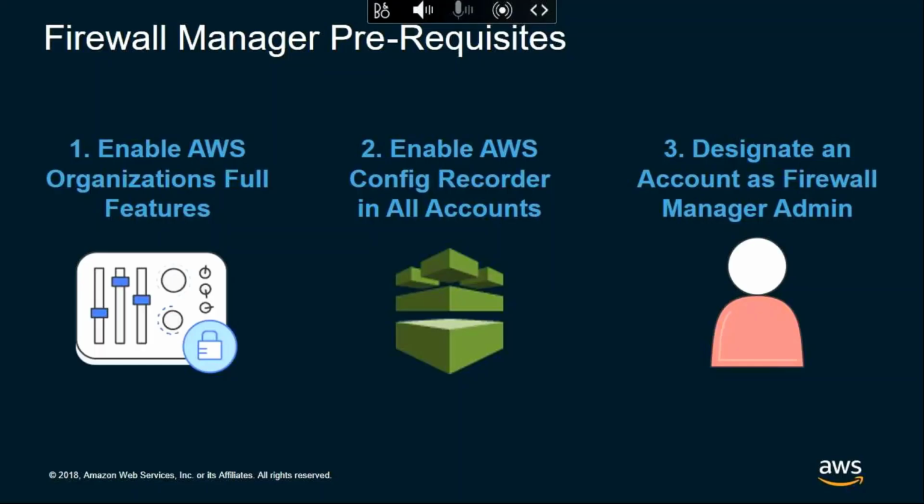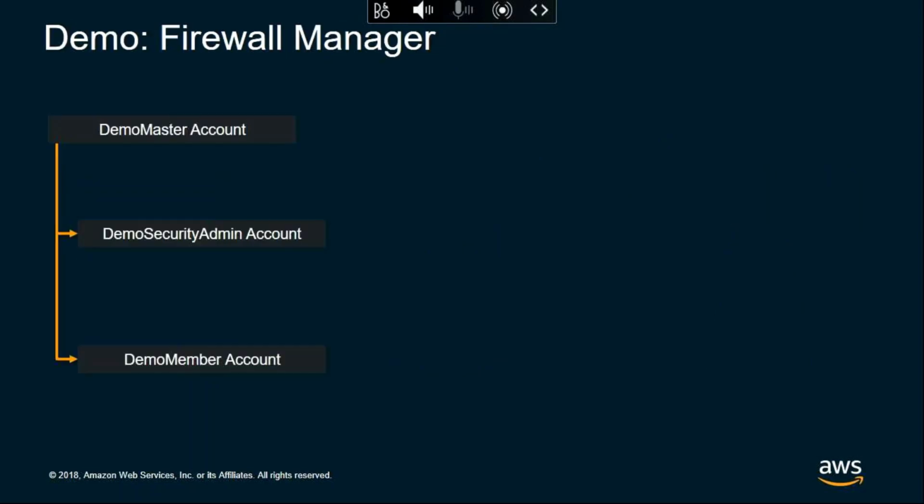And for some more clarity, this is the organization setup that I have in my demo account, which I'm going to walk you through in the next few slides. So I have this demo master account, which is the organization master, or by default, the payer account in your consolidated bill. And that master account has designated the security admin account as the Firewall Manager administrator.